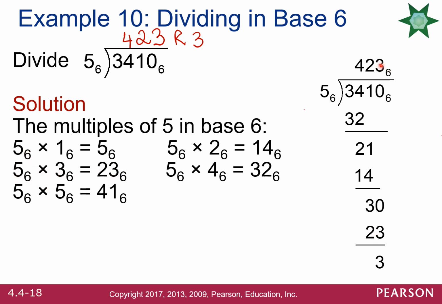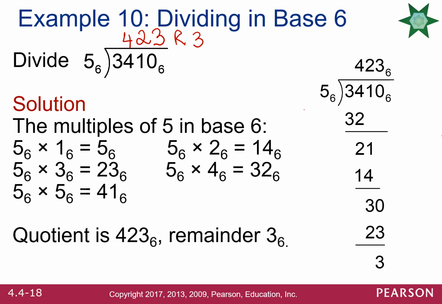They write the 3 here, the 23 below, and they do the subtraction for a value of 3 base 6 as the remainder. All right, so that's the same as the way we worked, right?